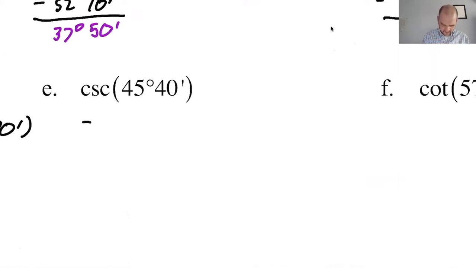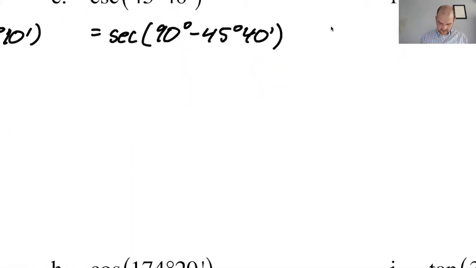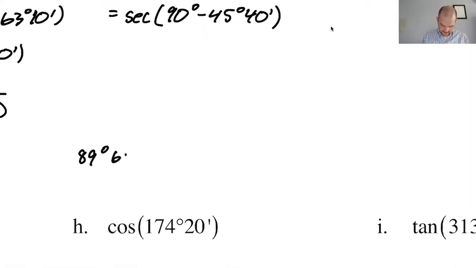But instead, we're going to have to do the secant of 45°40'. The angle is too big, so we have to subtract 90 minus 45°40'. So I'm going to go 89°60' minus 45°40'. It's going to be 20 minutes and then 44 degrees.